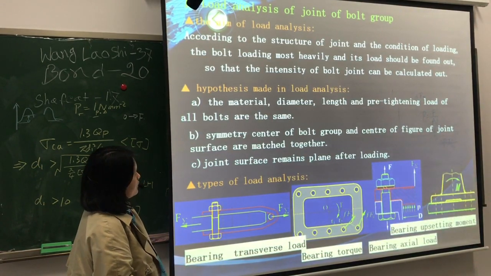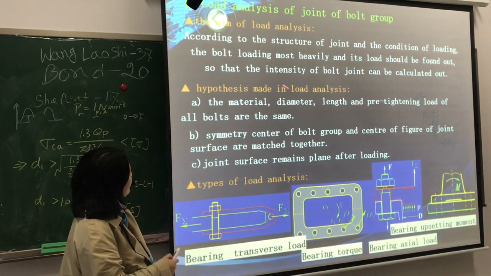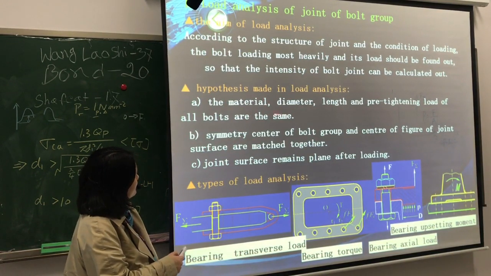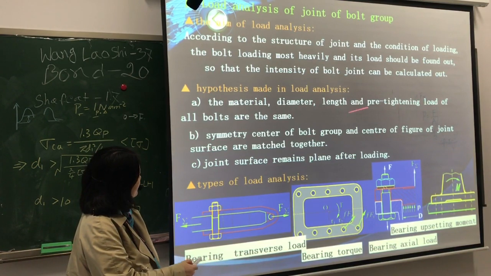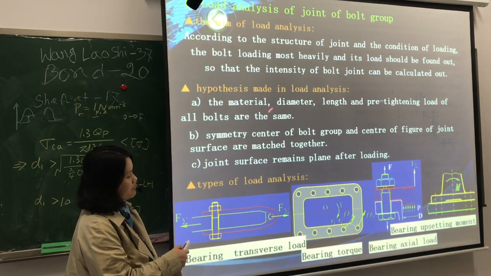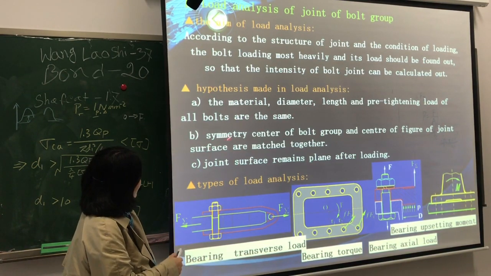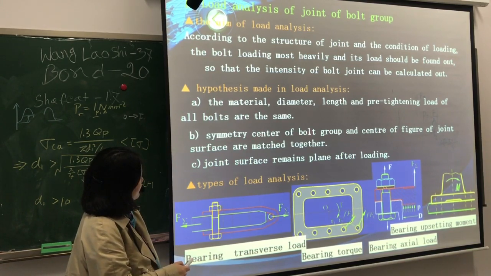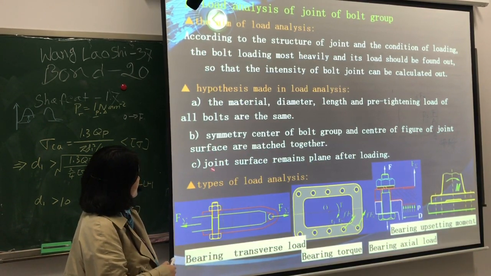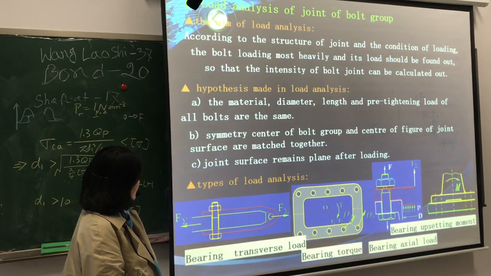For the bolt group, the material, diameter, length and preload of all bolts should be the same, and the symmetry center of the bolt group and the center of the joint surface are matched together, and the joint surface remains plain after loading.